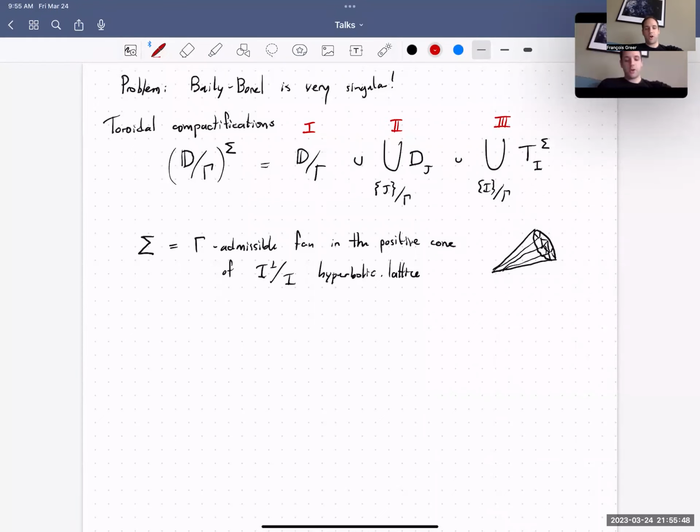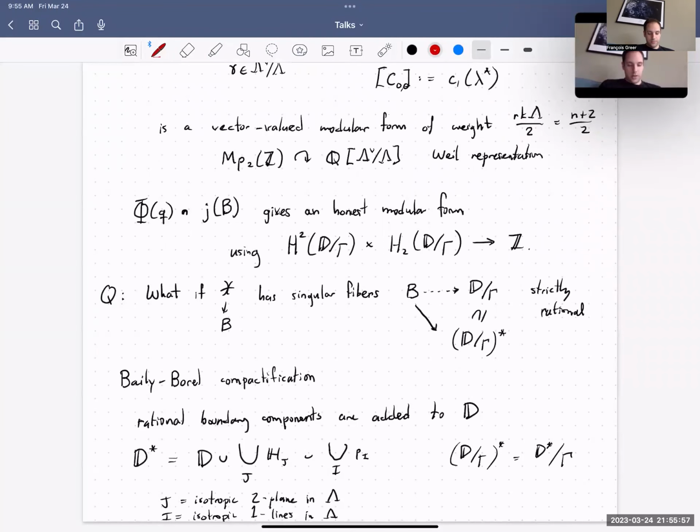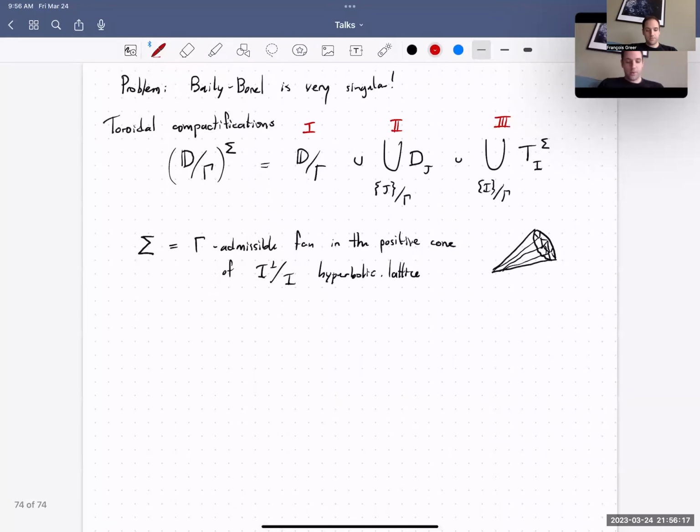So in this blowup, they're all divisors, but before we did the blowup, in the Baily-Borel compactification, if I just go back to the previous slide, type 1 is the generic part of the period domain. Type 2 is the part which is the one-dimensional boundary, and type 3 is the cusps in the boundary, just the zero-dimensional part of the boundary.